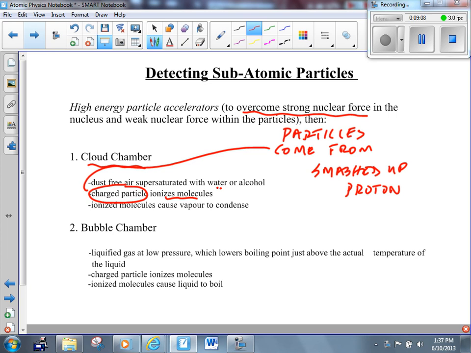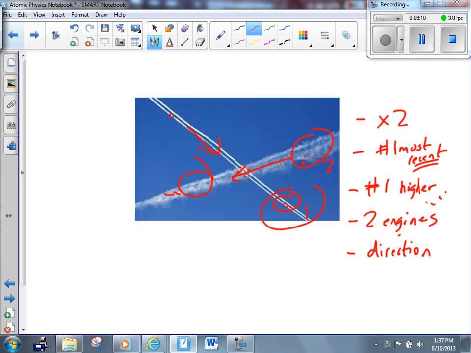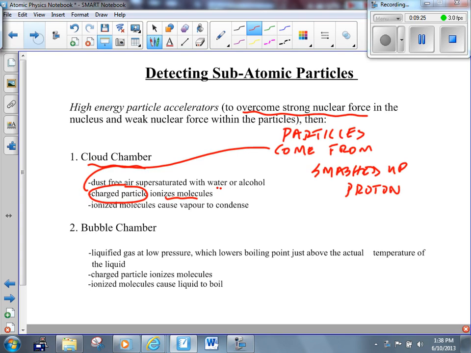Just like we observe the condensation trail that follows the airplane. We observe that contrail, we're able to determine a number of properties of the airplanes without ever having physically seen the airplanes. Here, we're able to determine a number of properties of these subatomic particles without having ever seen the particles.